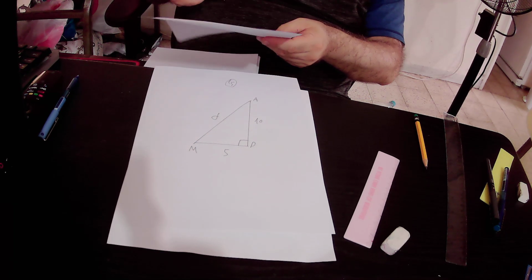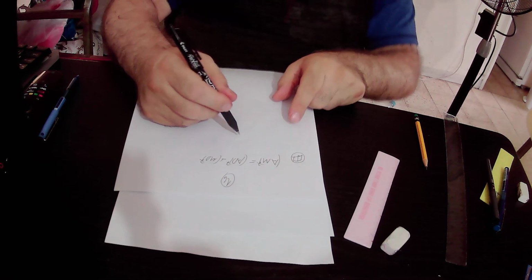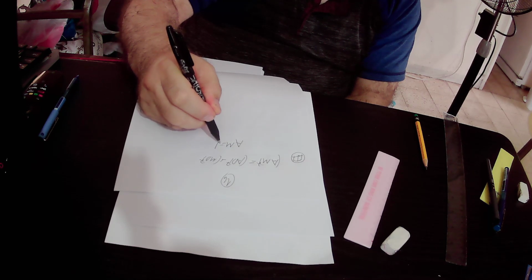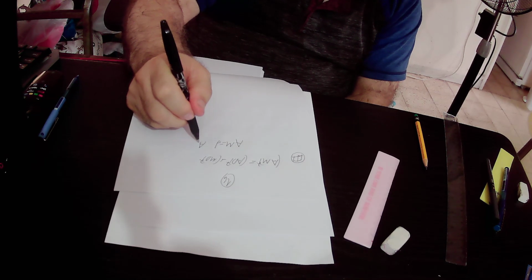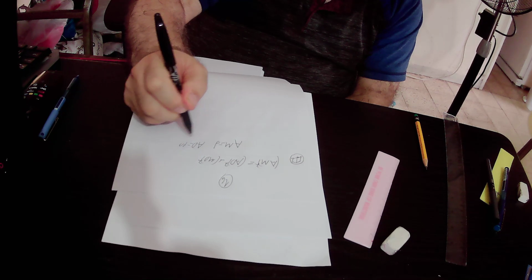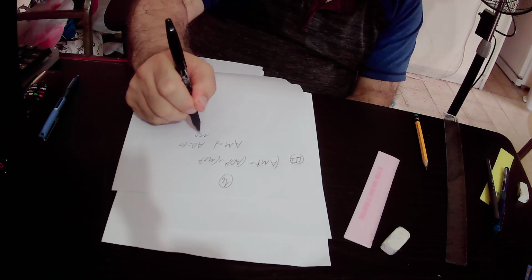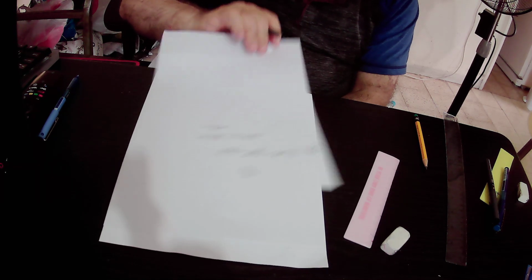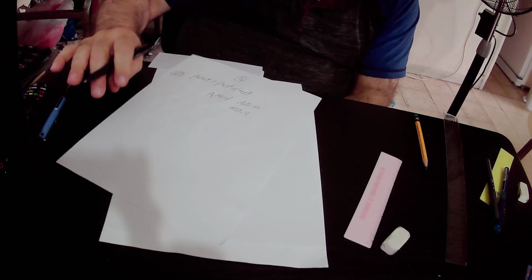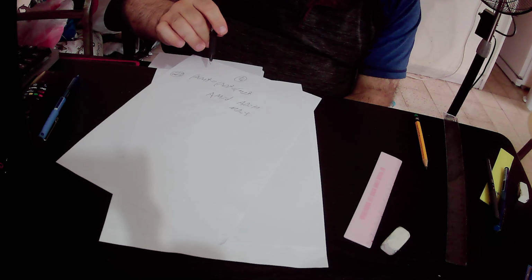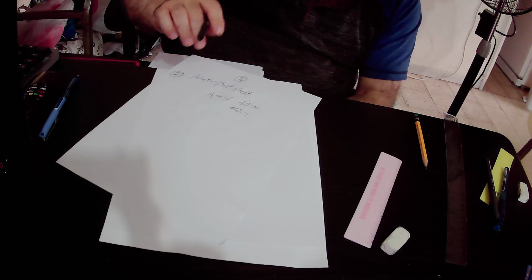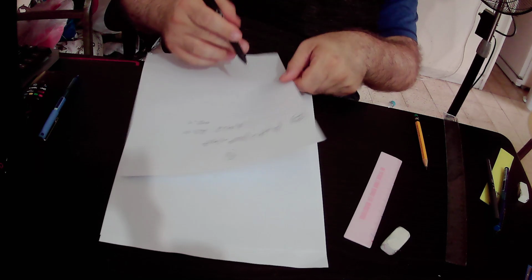But we know that AM equals D, AD equals 10 units, and MD equals 5 units. So we can substitute AM by D, AD by 10, and MD by 5.